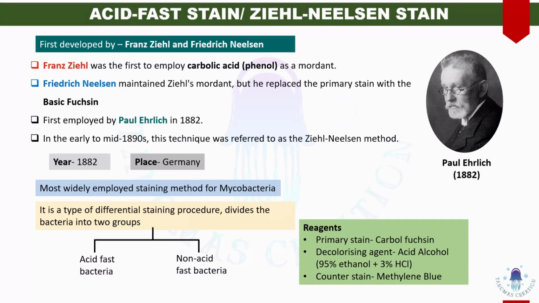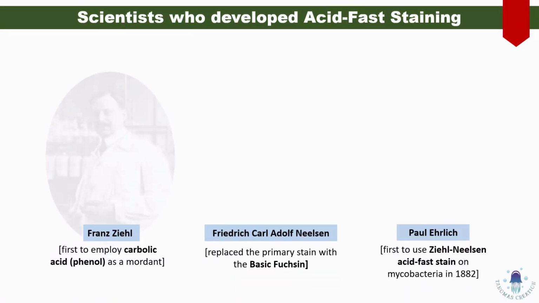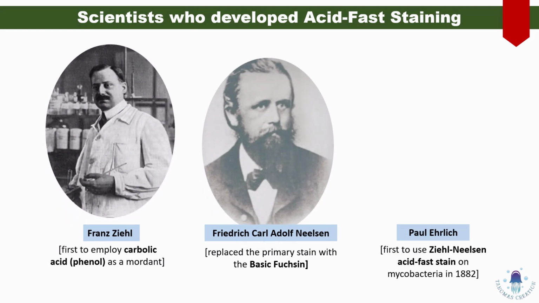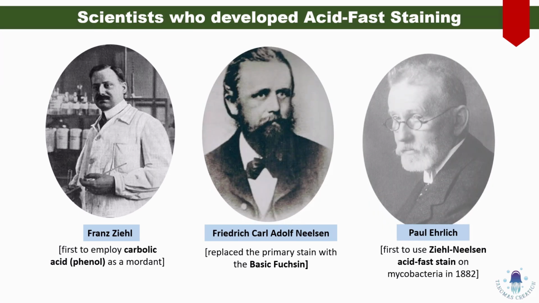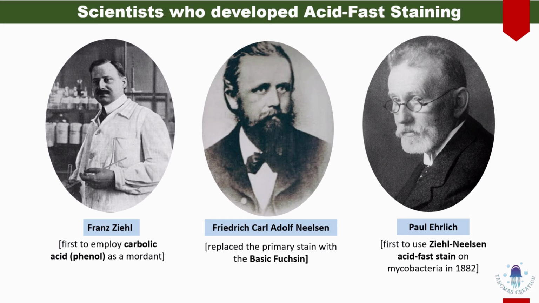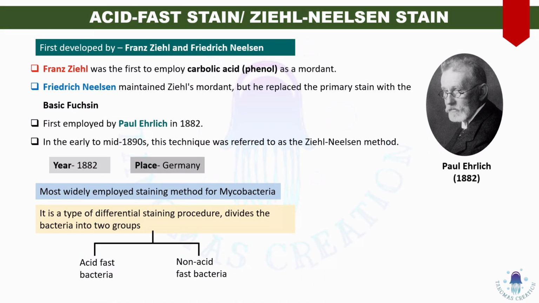First is Franz Ziehl, first to employ carbolic acid as a mordant. Then it's Frederick Carl Adolf Neelsen, who replaced the primary stain with basic fuchsin. And then is Paul Ehrlich, who is the first one to use Ziehl-Neelsen acid-fast stain on mycobacteria in 1882. So by this we can know that the acid-fast stain was developed before gram staining, right?